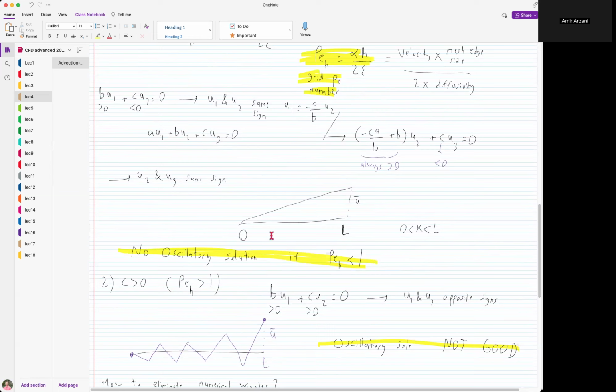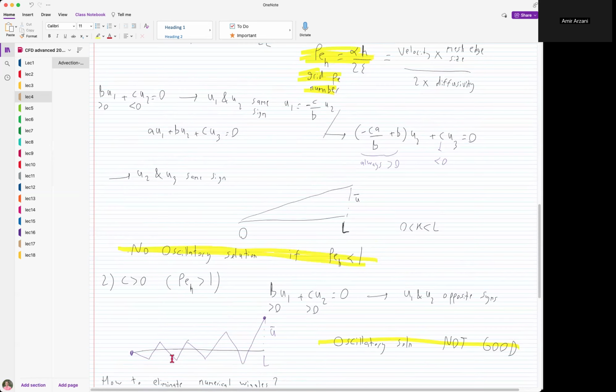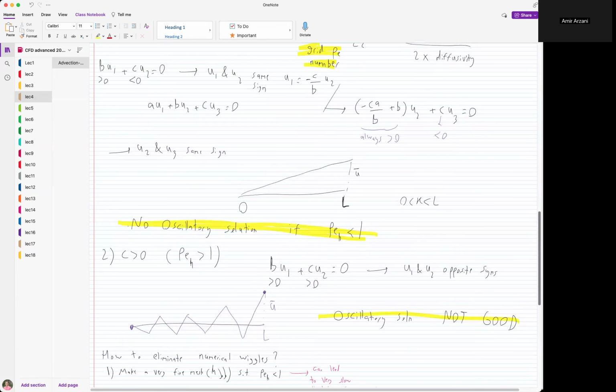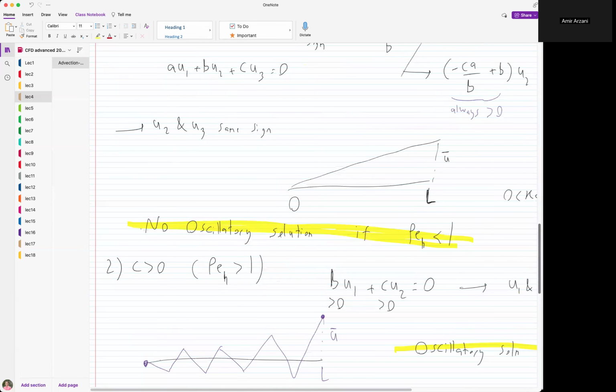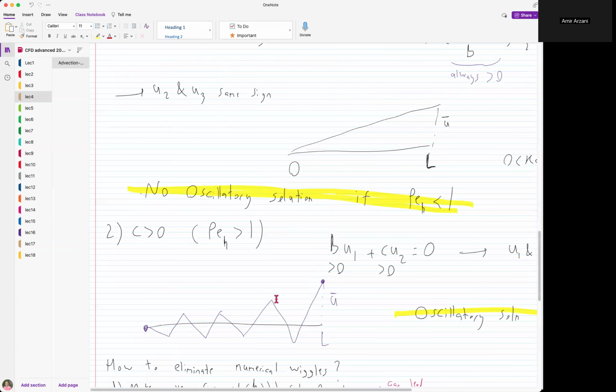This is not physical. I want a solution that behaves monotonically in a nice, smooth way, but I'm getting these spurious oscillations, which we also know as numerical wiggles. So now the question is, how do I eliminate these numerical wiggles? Because they're not desirable. I don't want to have them in my CFD solution.